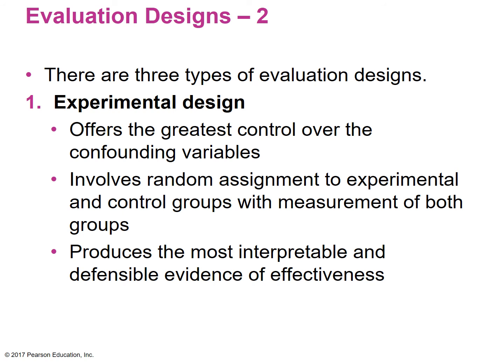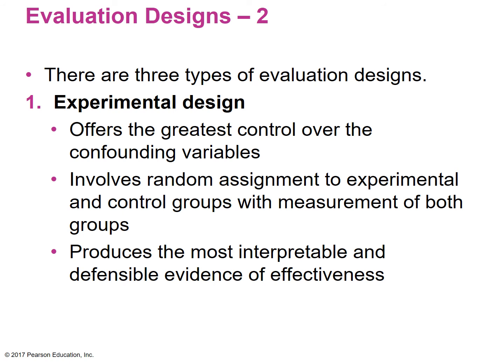Basically, do you get to select what variables are present and are measured? In experimental and quasi-experimental, there is variable manipulation. In the non-experimental, you don't get to manipulate variables, and I'll give you an example as we go through.